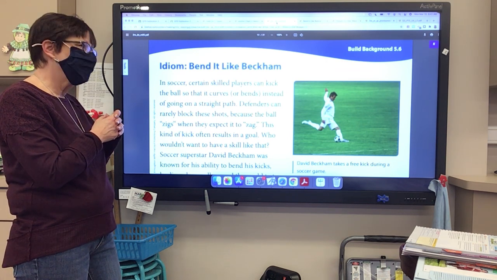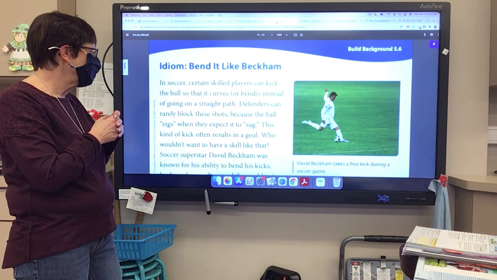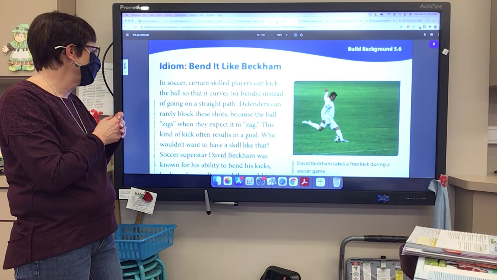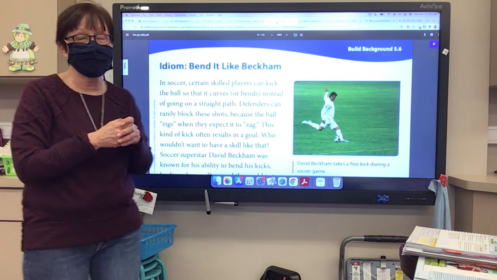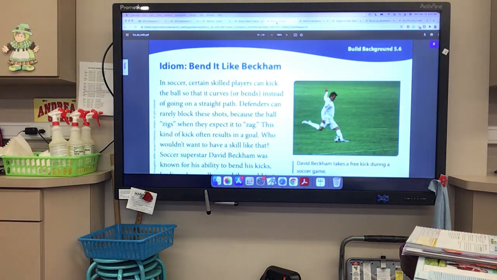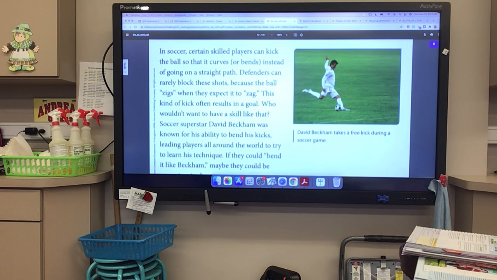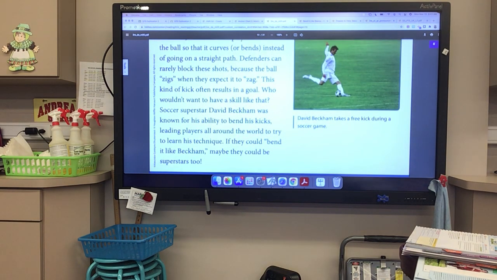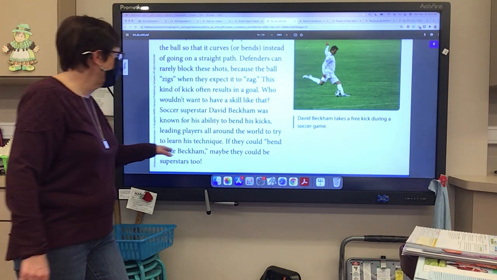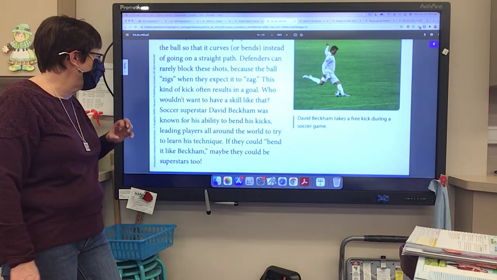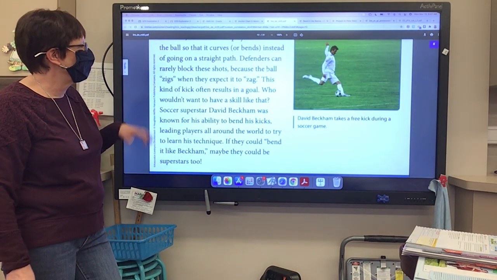Who would want to have a skill like that? Soccer superstar David Beckham was known for his ability to bend his kicks. Leading players all around the world try to learn his technique. If they could bend it like Beckham, maybe they could be superstars too.